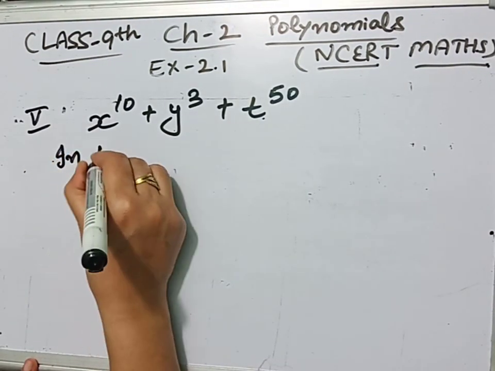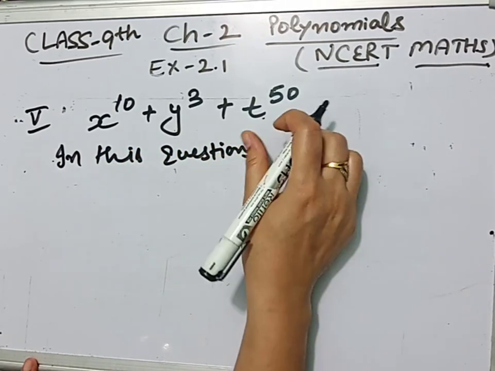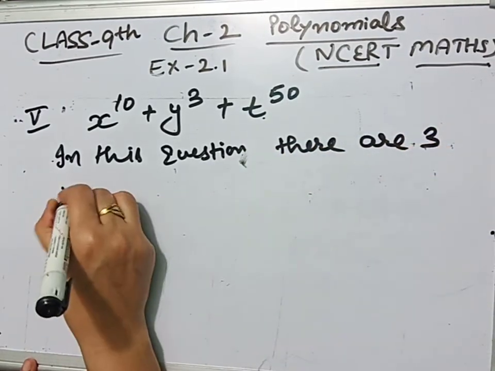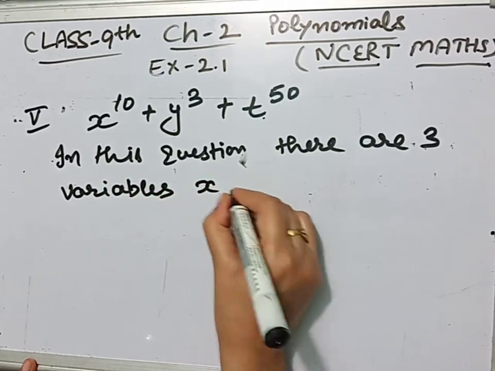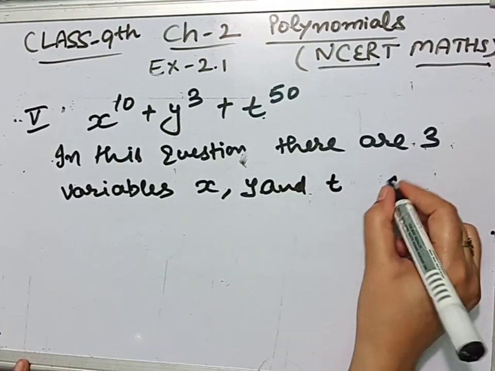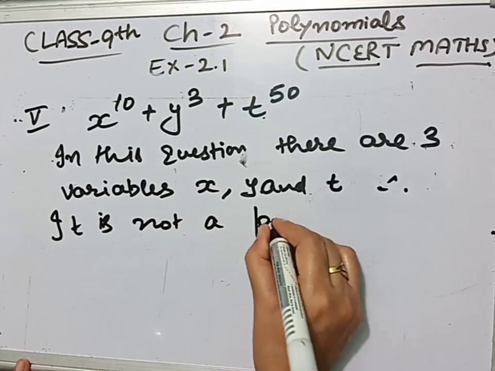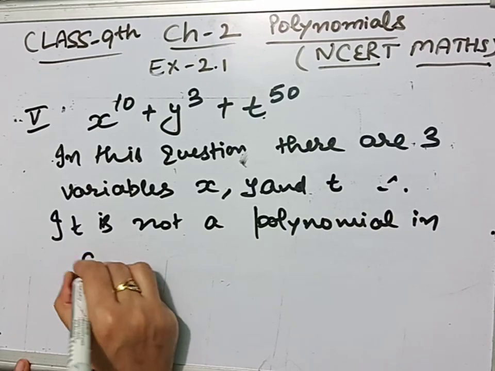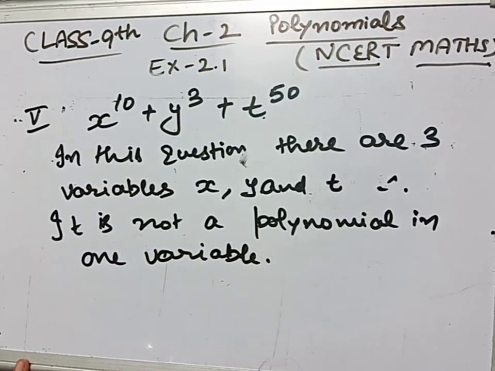In this question, there are three variables x, y and t. Therefore, it is not a polynomial in one variable. Question first is completed now.